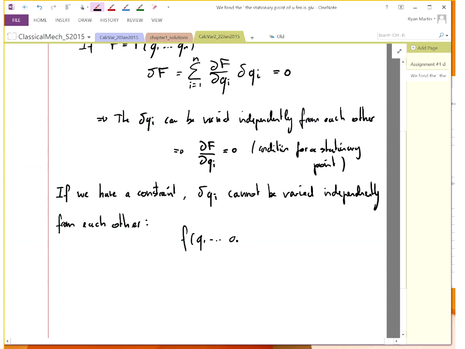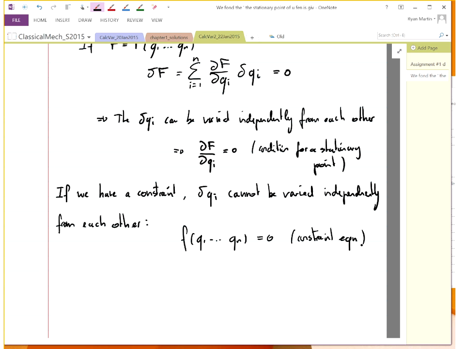So for example, we might have a function lowercase f of the q's equal to 0. And that would be what we call our constraint equation.